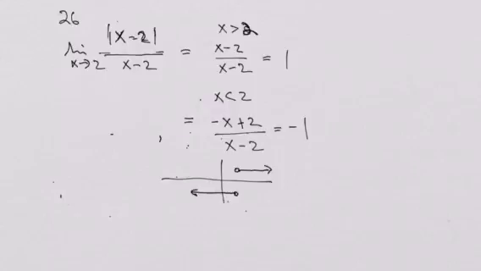So we're getting two different apparent values as we approach x equals 2 from below. It looks like it's going to equal negative 1. When we approach x equals 2 from above, it looks like it's going to equal positive 1. Those two numbers aren't the same. So we therefore conclude that the limit does not exist. So that is 26.